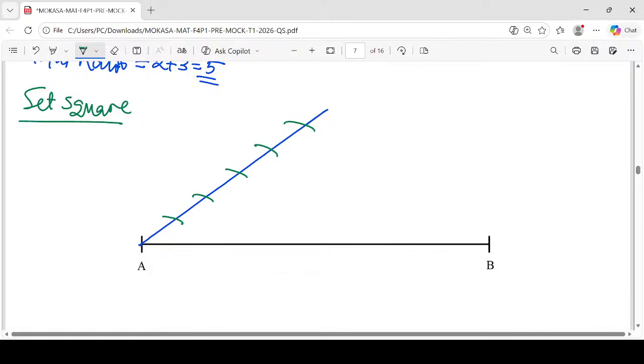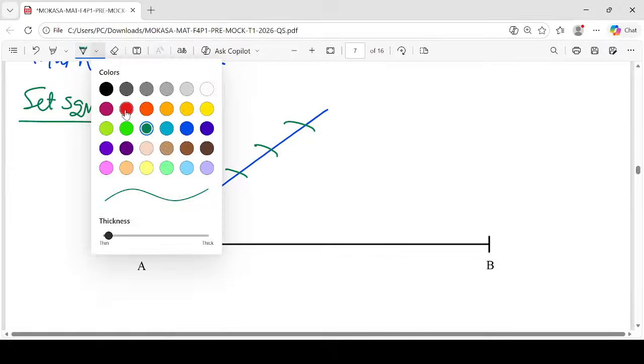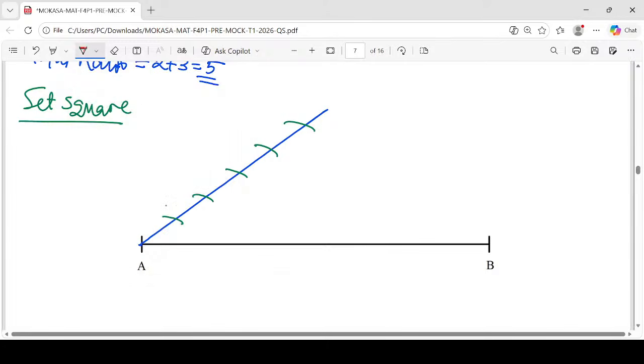Let me show you how I'll align my set square that way. Then I will slide it. The set square is there to ensure we draw parallel lines with the ruler. So from here, go like that. You ensure you don't mess.